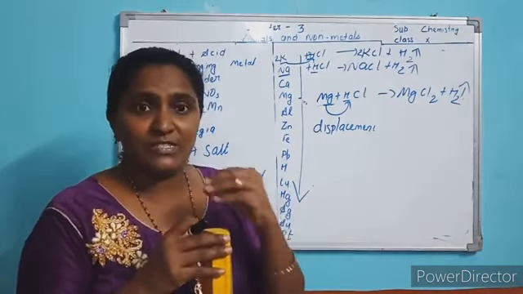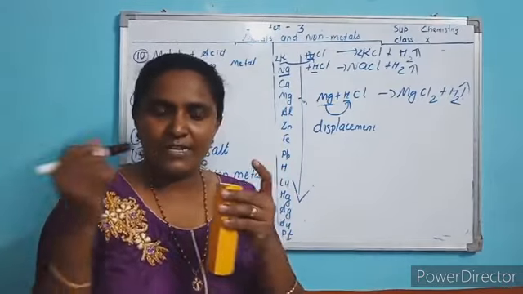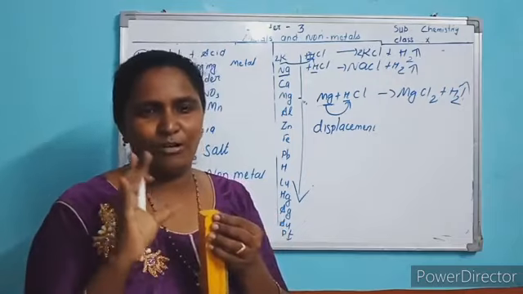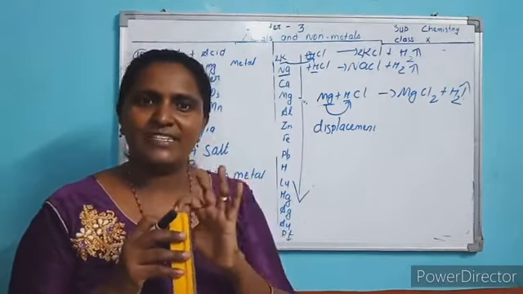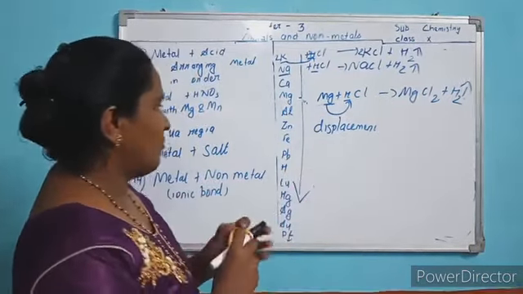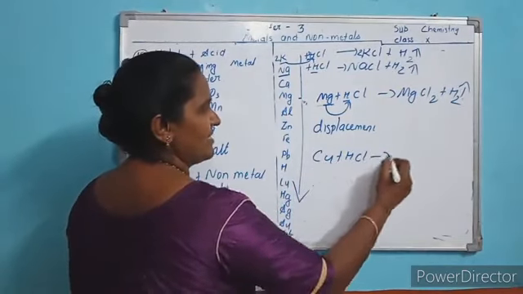How will you confirm this is hydrogen? You bring a burning splinter to the mouth of the test tube. It burns with a pop sound. That is, the evolved gas is hydrogen. It is proved. Understood? So now the question is copper with hydrochloric acid.